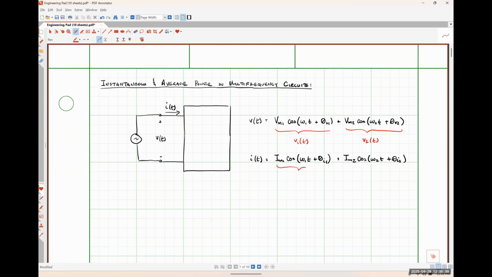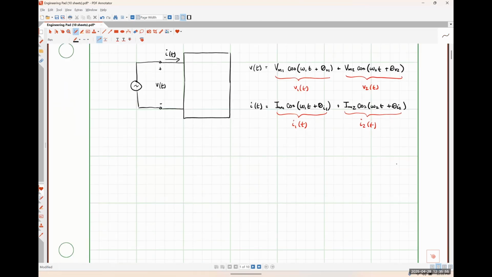And we'll decompose this into two parts as well, where we have i1 of t and i2 of t.